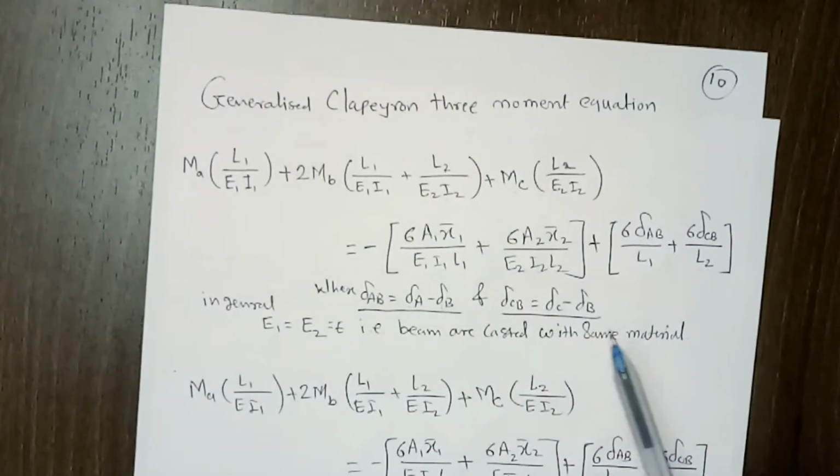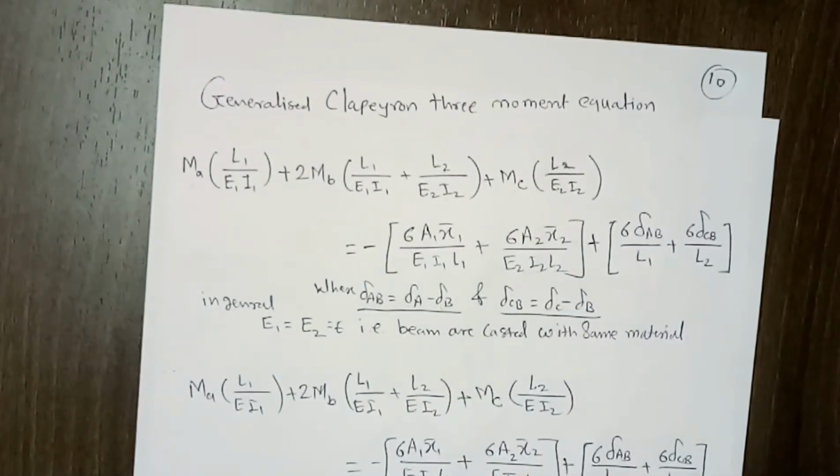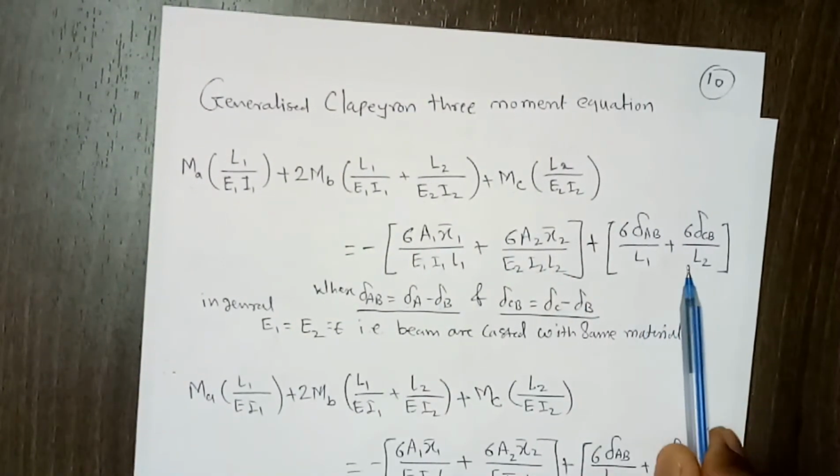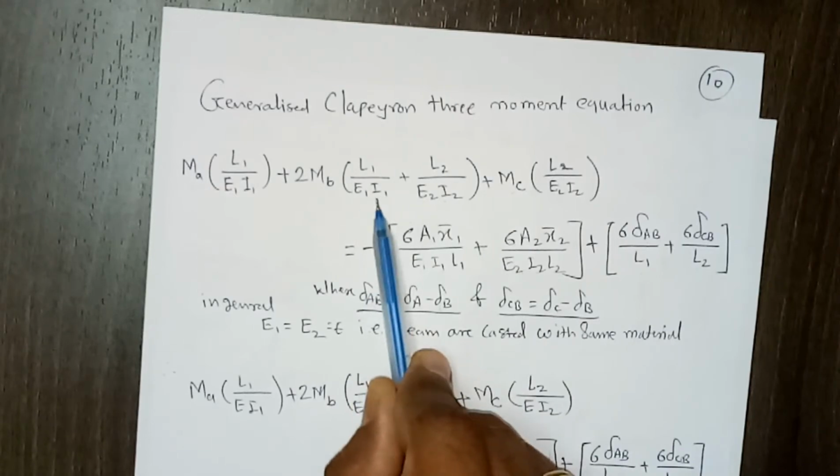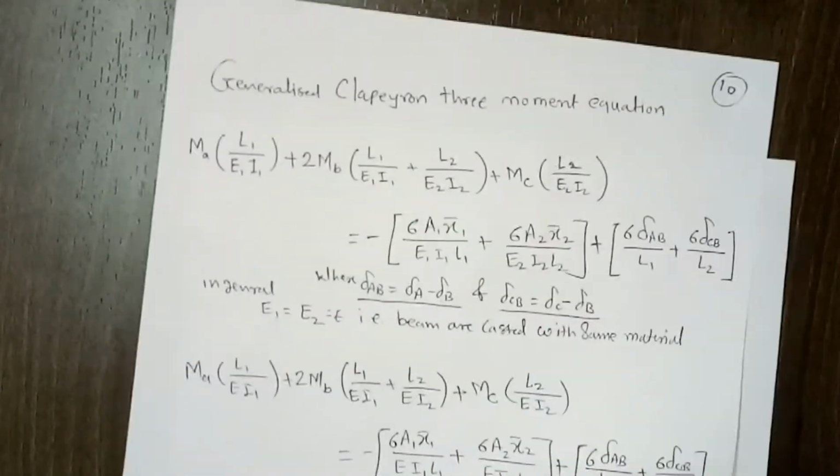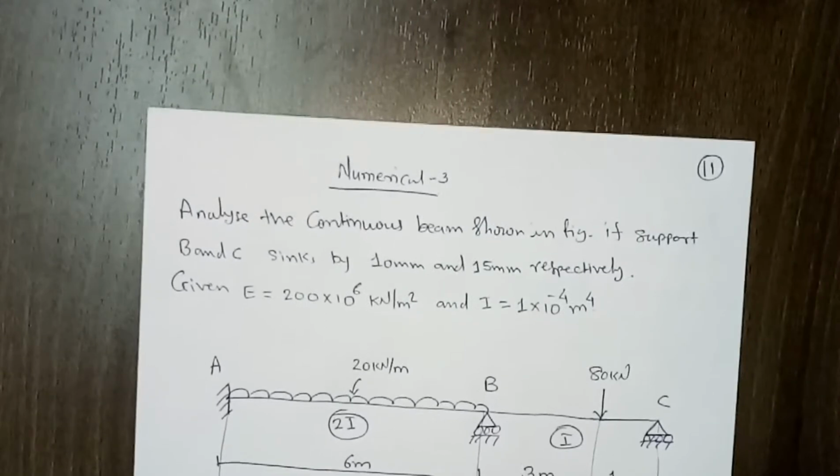Other terms you already know, so they will be as they are. The only difference is this bracket and this EI, right?